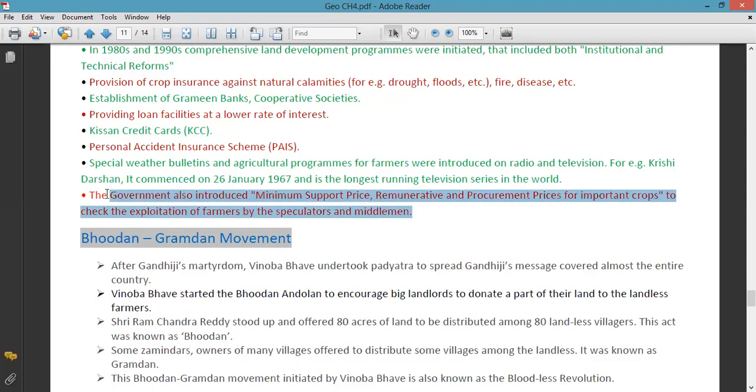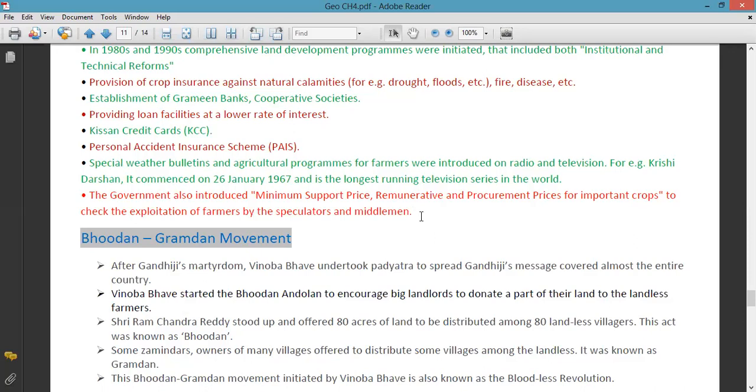What this point wants to convey is, see, in some months, for example tomato and onion, the cost will be very high. One kg may be sold for 100 rupees, 80 rupees. In another situation, the cost of tomato may be reduced to 5 rupees, 1 rupee, 2 rupees. Due to this negative situation, farmers may face more loss.